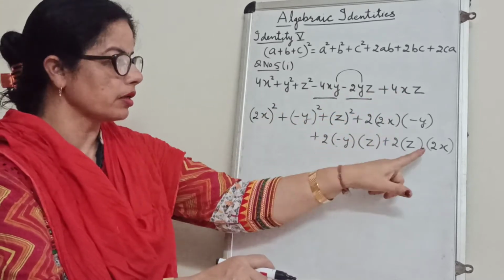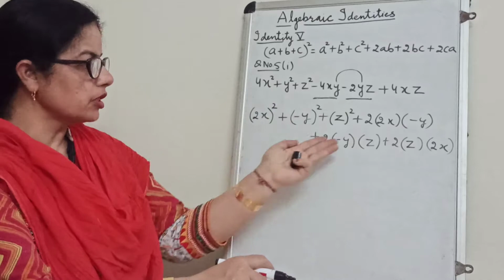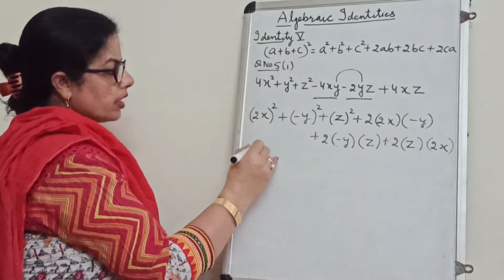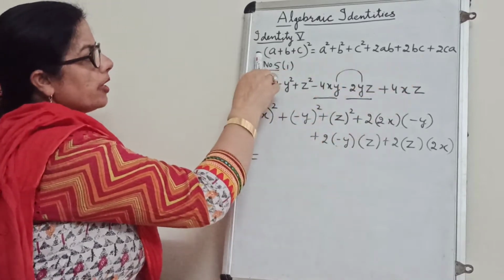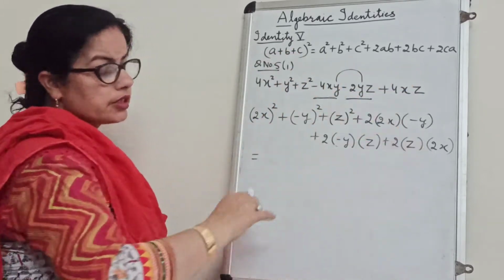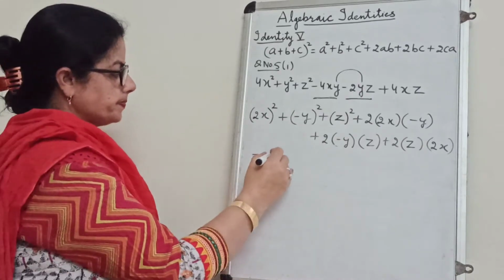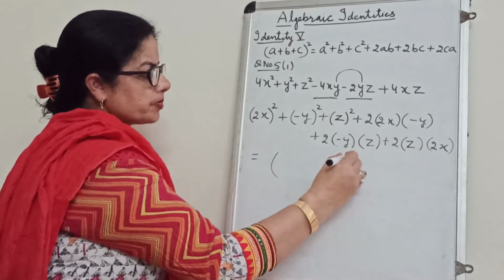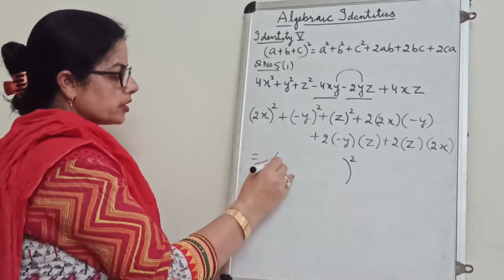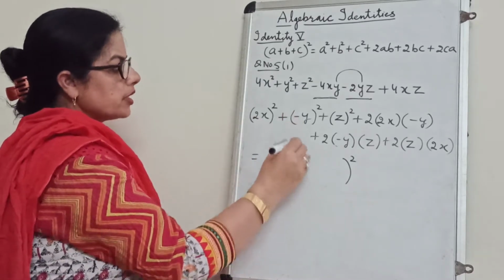This we have shown here. Our question can be written in this form, and by using this identity we can say that this is equal to a plus b plus c whole square. So we can write this expression as the square of a trinomial. What is the first term? 2x. What is the second term?